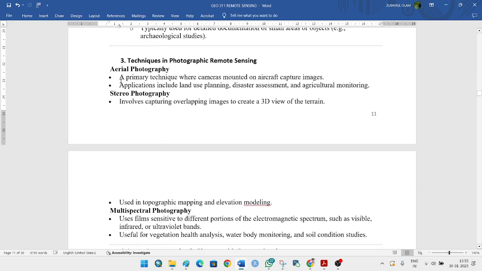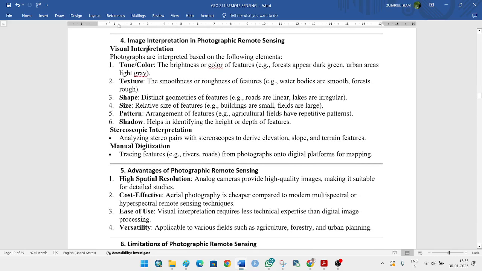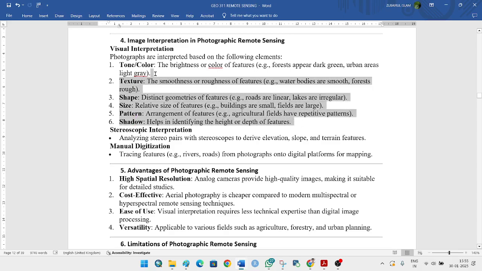There are different techniques: aerial photography, stereo photography, multispectral photography. For visual image interpretation we need to know the tone, color, texture, shape, size, pattern, and shadow. When you read, examples are also given.